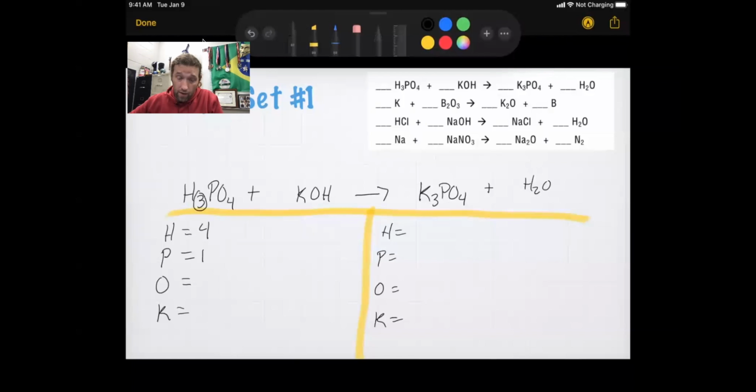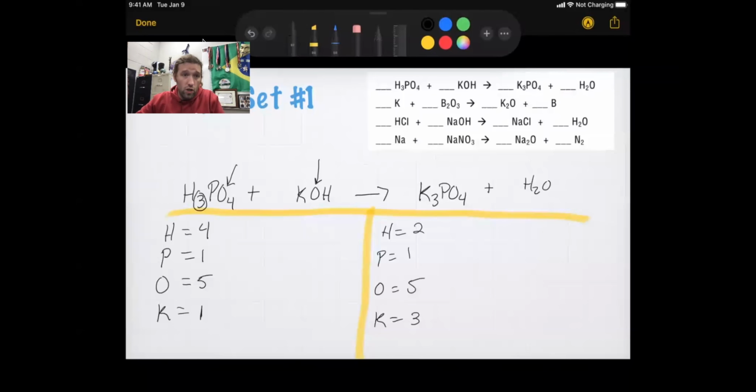There are 5 oxygens because I've got 4 coming from the H3PO4, and I've got 1 from the KOH. So that'd be 5. And I have 1 potassium. All right, do it on the other side. Got 3 of these. 1 of those. 5 oxygens and 2 hydrogens.